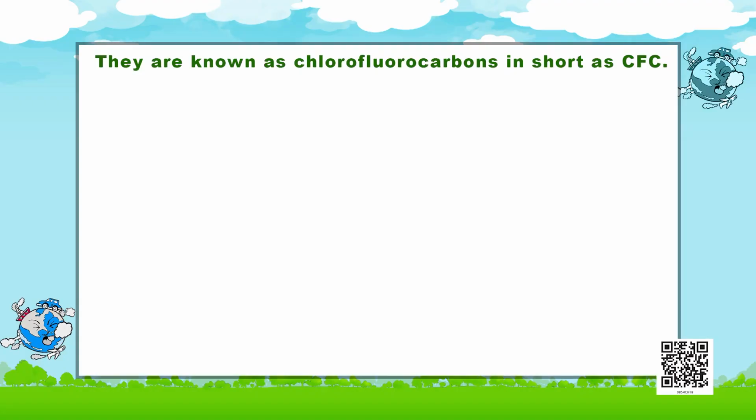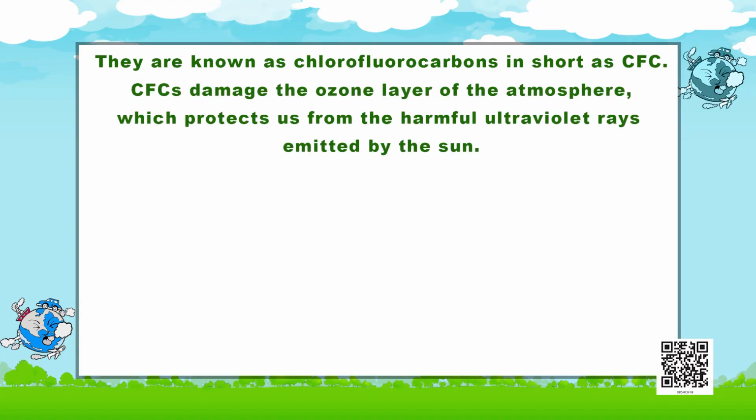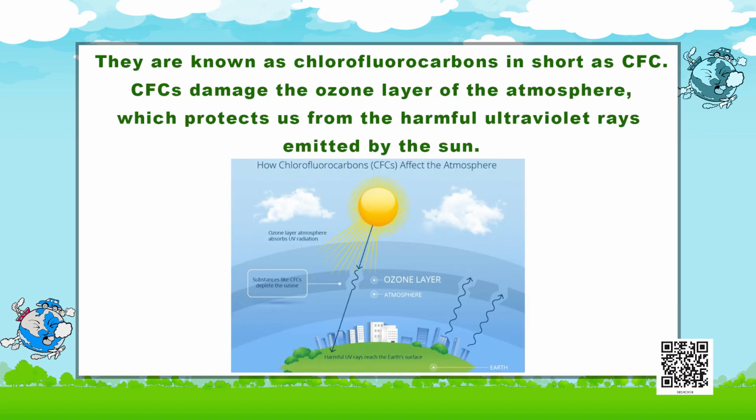These pollutants are used as chemicals in our refrigerators, our air conditioners and in aerosol sprays. They are known as chlorofluorocarbons, in short CFC. CFCs damage the ozone layer of the atmosphere, which protects us from the harmful ultraviolet rays emitted by the sun.